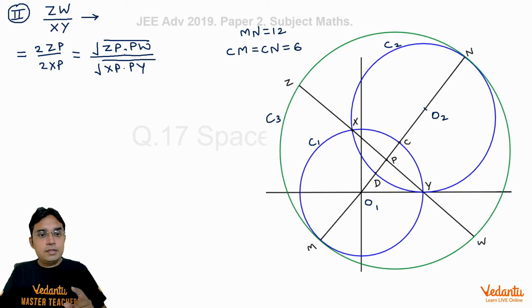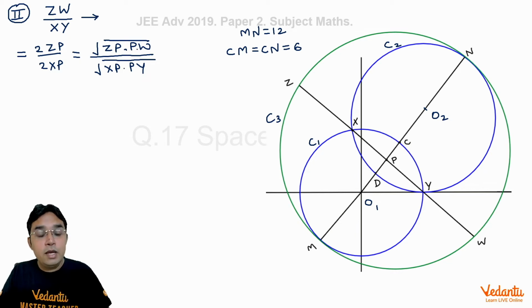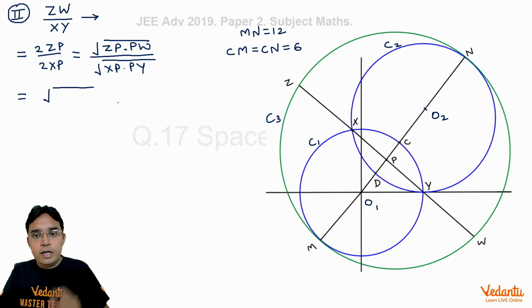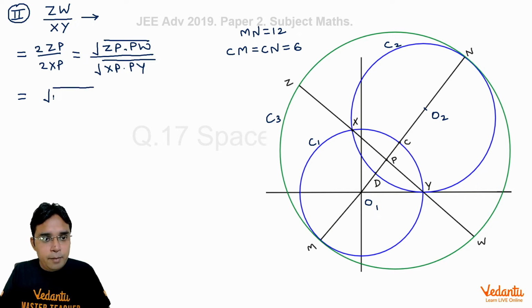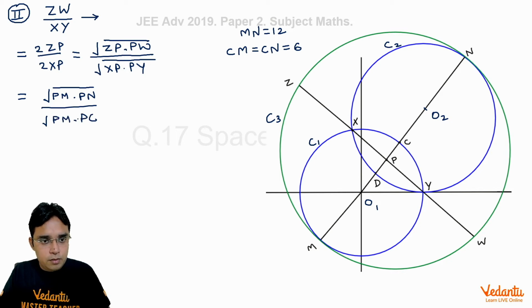Okay, now these expressions in the numerator and denominator inside the under root represent the powers of P with respect to circle C3 and with respect to circle C1. And hence they can also be written as under root of that numerator part, I am writing as PM into PN, upon under root of this, I am writing as PM into PC.